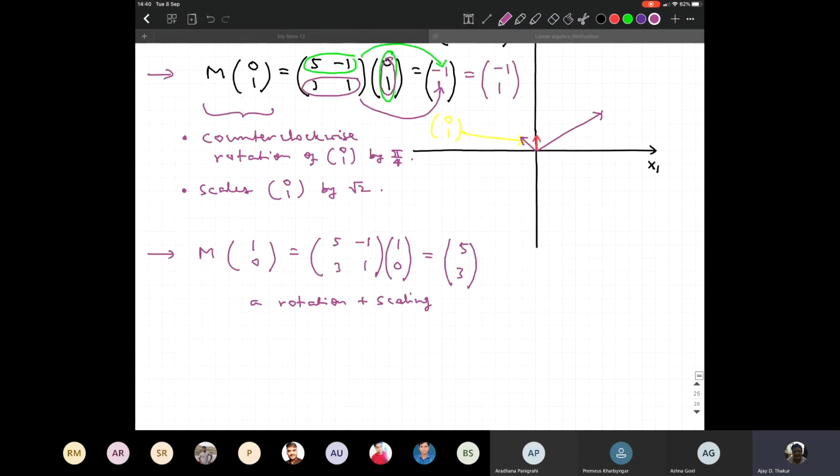So here I would just like to tell you that you can try this operation on a wide variety of vectors. Any vector you can choose in this vector space and operate this matrix on it. But now I will tell you an interesting set of vectors. Suppose I choose my vector to be 1, 3, with the matrix 5, minus 1, 3, 1 acting on 1, 3.